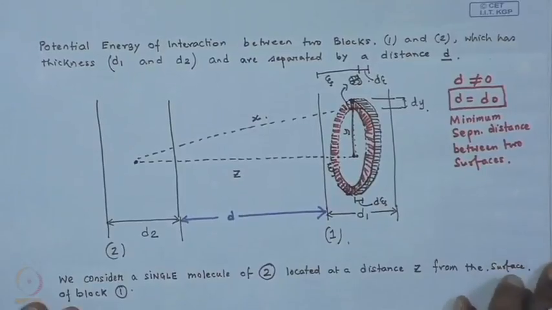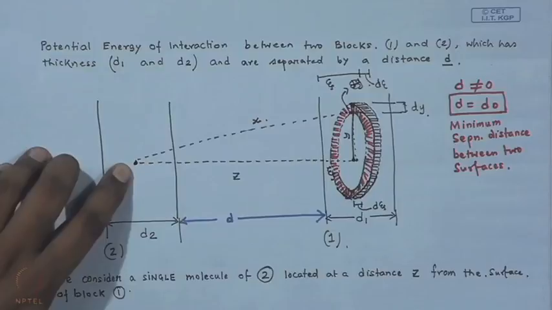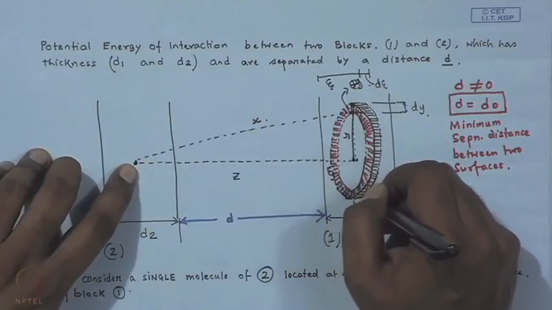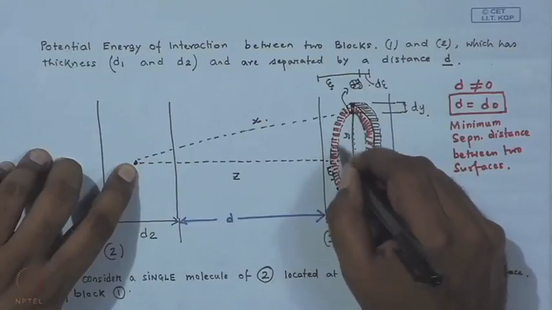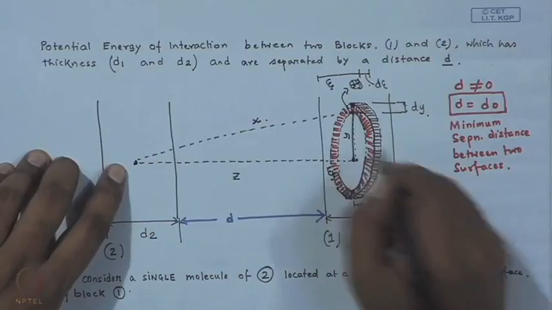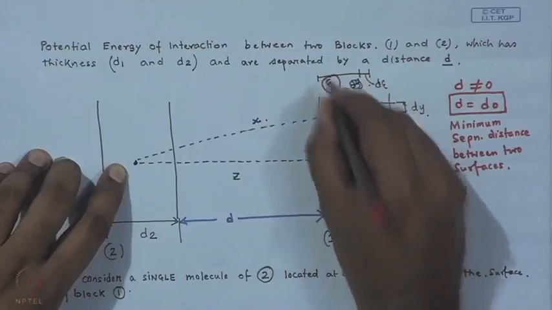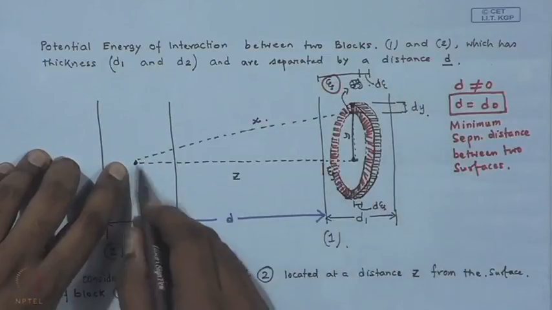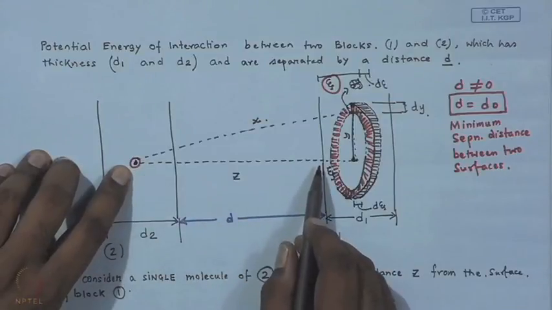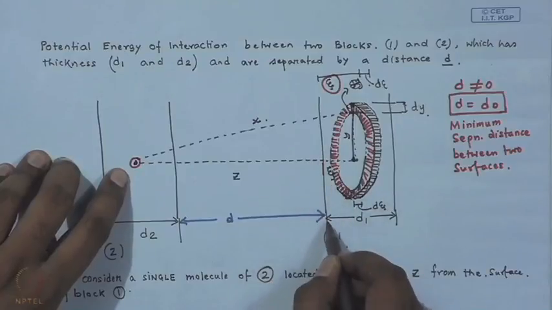Okay. Now, I will repeat, we have picked up one molecule of material 2, and we have identified a zone of this nature, an annular ring. The center of this ring is over here, which is at a distance eta from the top surface of block 1, and the point or the particle which we have identified is at a distance z from the top surface of block 1.